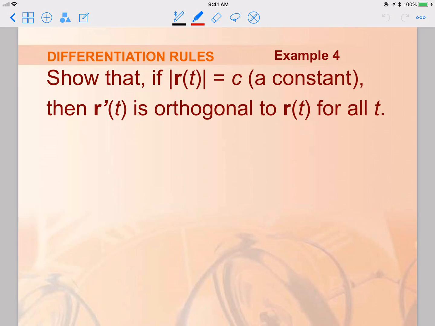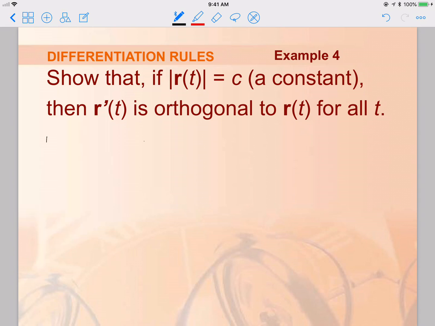Let's just look at one example where we're using the differentiation rules. So here we have an example. Show that if the length of r(t) is a constant, then r'(t) is orthogonal to r(t). Okay, so here's the deal.